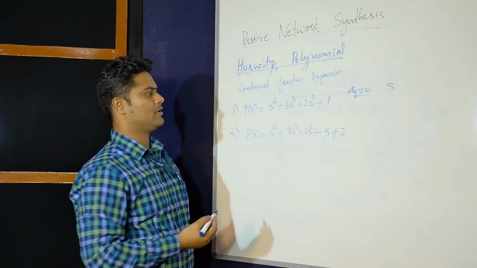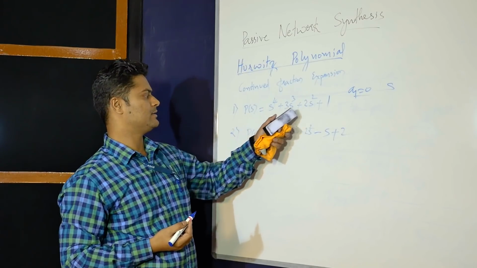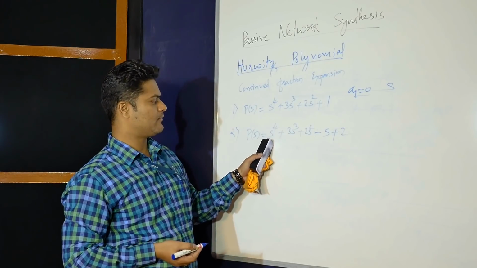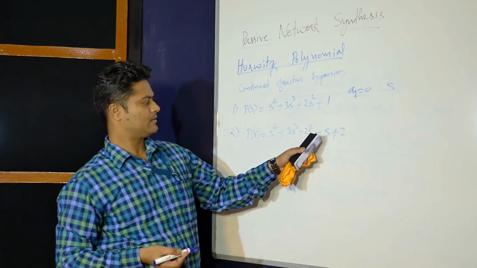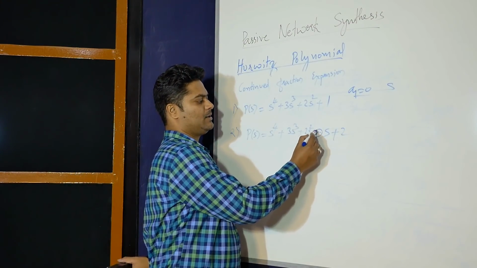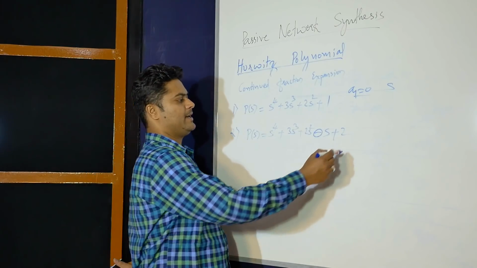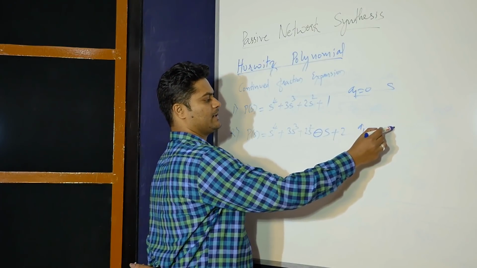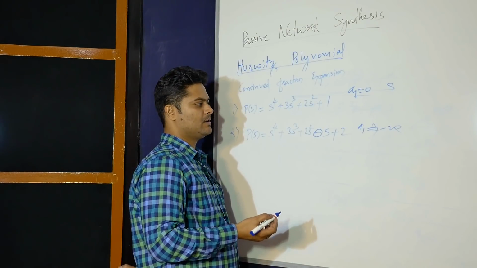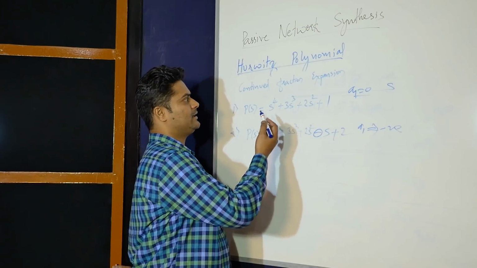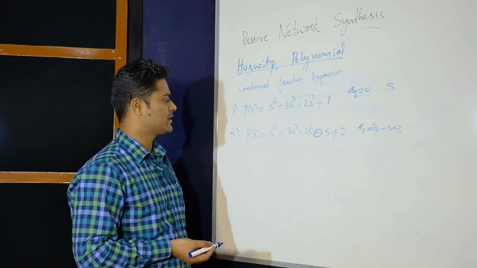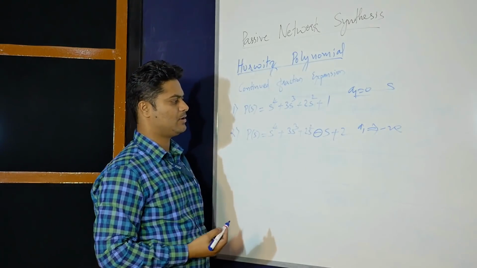Coming to the second, s to the power 4, 3s cube plus 2s square minus s plus 2. The second term, a1, is negative. As I said, it should be positive and real. Only then can we go further to find out whether it is a Hurwitz polynomial or not. Hence it is not a Hurwitz polynomial.